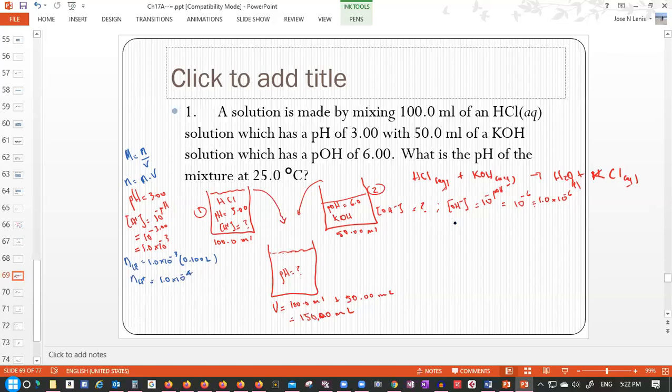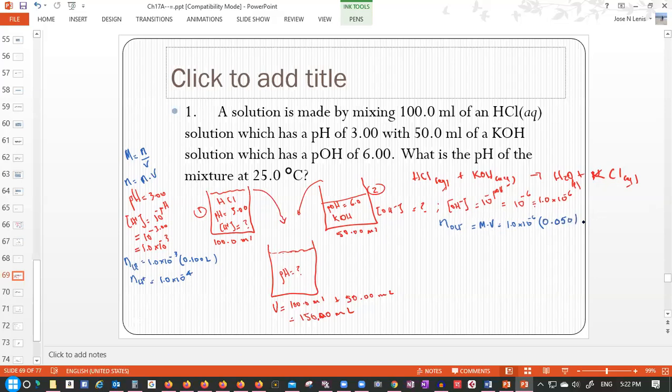Let's find the number of moles of OH minus here. The number of moles of OH minus equals molarity times volume. The molarity is 1.0 times 10 to the negative 6 times the volume, which is 50 mLs. That is 0.050.